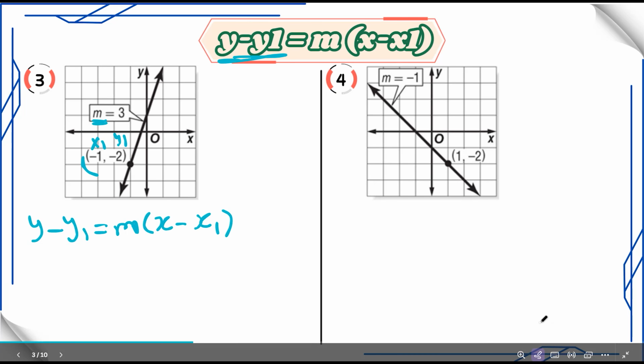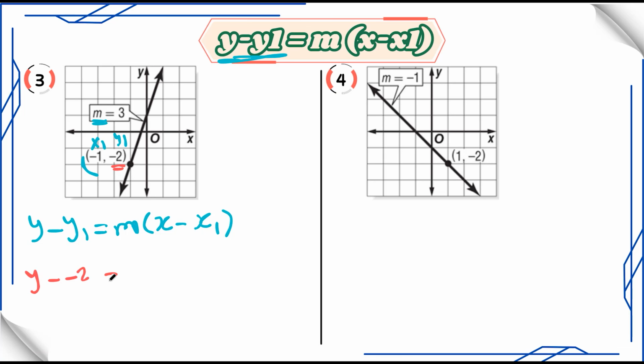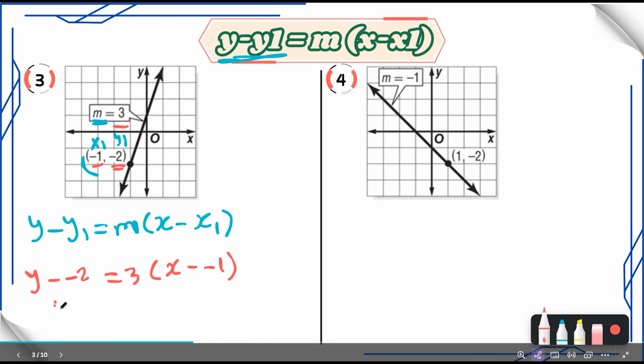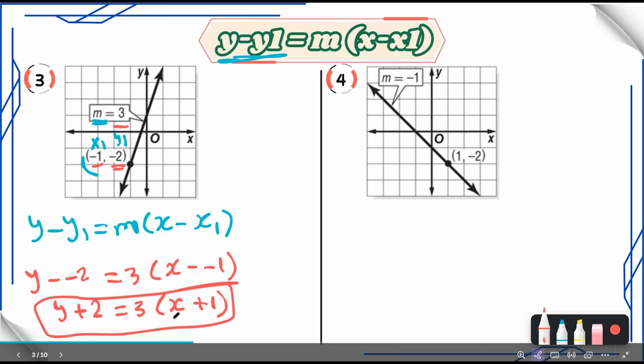Okay, we have here y minus y1, here is negative 2, equals slope is 3 multiply x minus x1, here is negative 1. Then negative negative will be positive. What about this one? 3 multiply x minus minus, it will be plus. Then the final answer will be y plus 2 equals 3 multiply x plus 1.